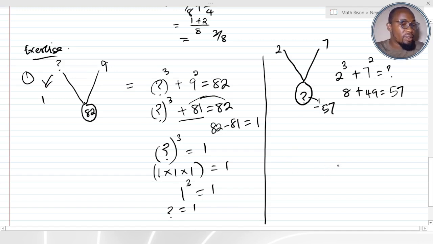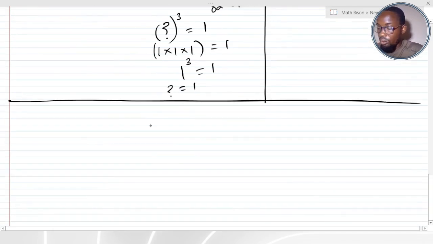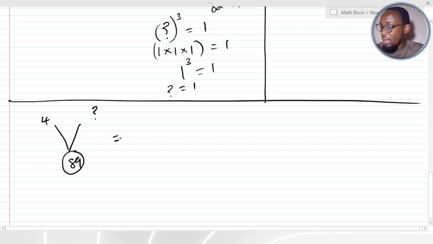Now, let's try the last pattern on this sample. The last pattern will be 4 here, and you have your question mark here, and in this part, which is part B, 89. So what is happening is that 4 cubed, added to whatever is here squared, should give us 89.